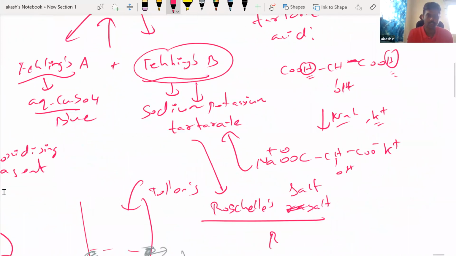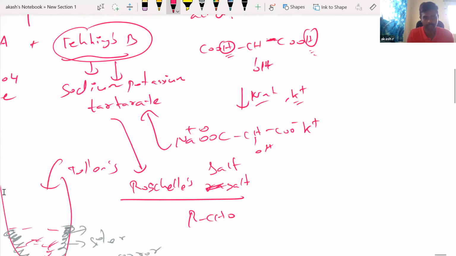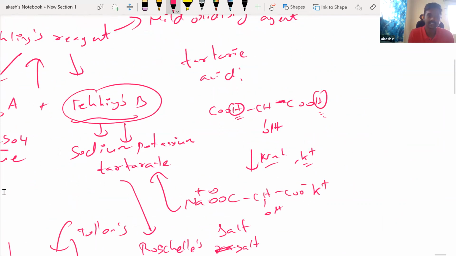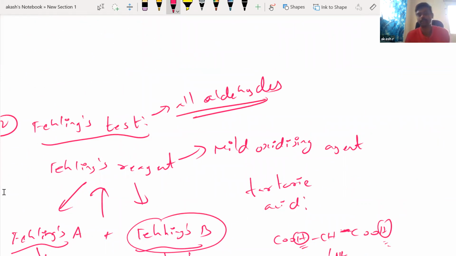One more thing before we see this: Fehling's test is given by all aldehydes. There is no exception here. Even benzaldehyde will give this test. Only for Tollens' test there was some problem. Benzaldehyde was not giving that test, but Fehling's, no problem at all. All the aldehydes will give a positive Fehling's test.